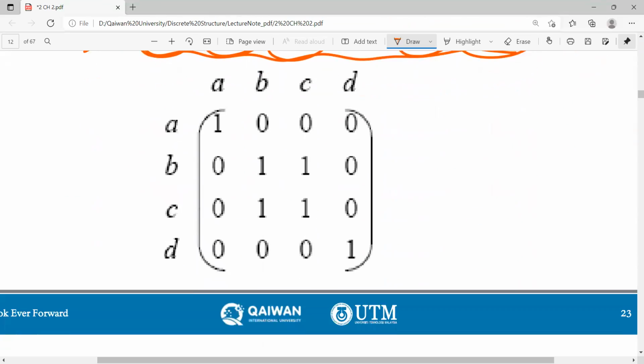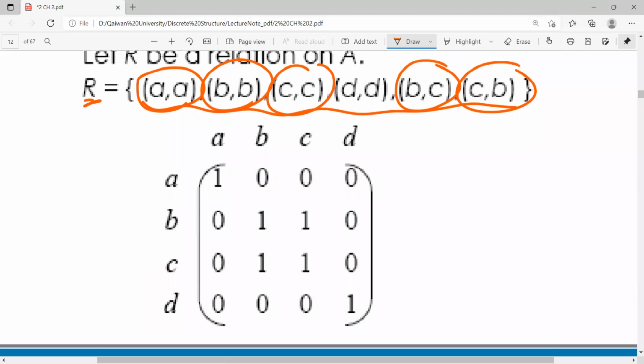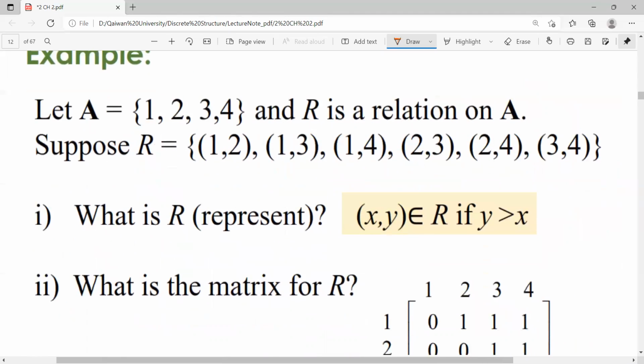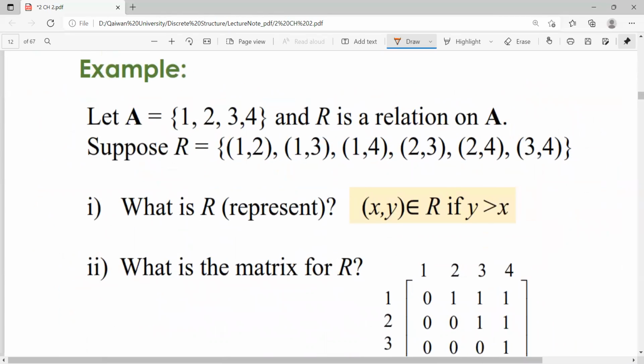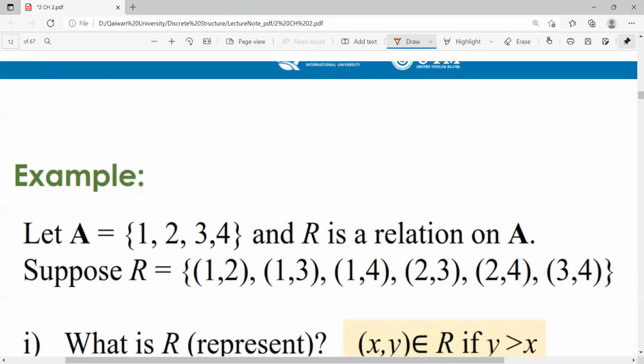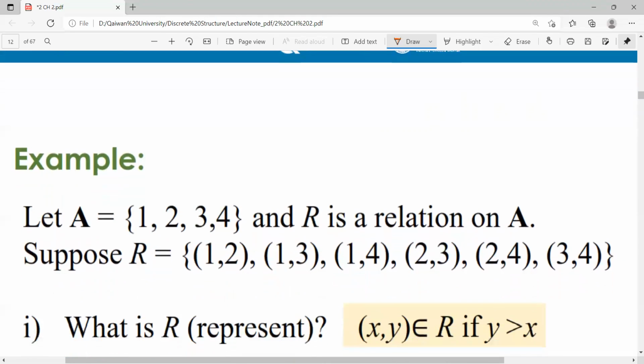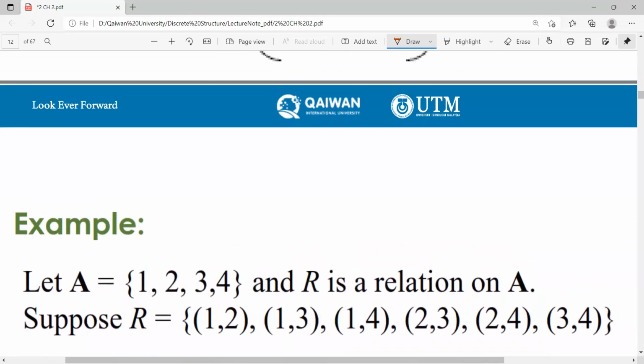Okay, that's it. This is the matrix representation of the relation. Look, here we have a given set and a relation. It says, what does R represent? That means what's the relation here? We must find the relation mathematically.